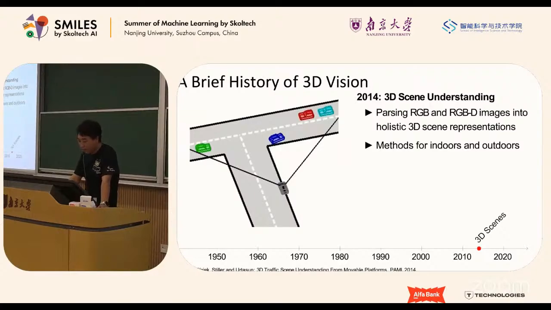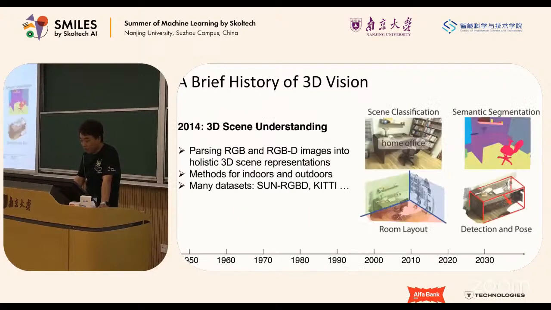Around the same time, researchers began building a holistic 3D understanding system rather than detecting individual objects independently. This system jointly estimates roads, vehicles, scene geometry, and spatial relationships. The example here focuses on traffic scenes observed from a moving platform. Also, the same idea expanded to indoor and outdoor environments.